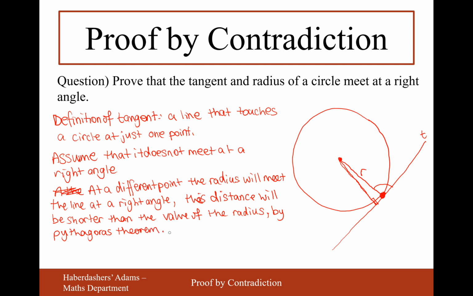Because now the radius is the hypotenuse, because the radius is opposite the right angle now.